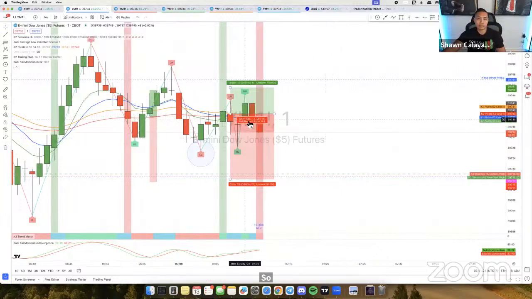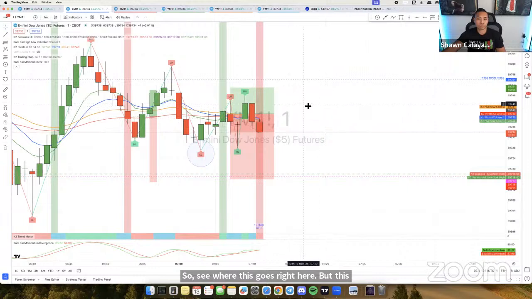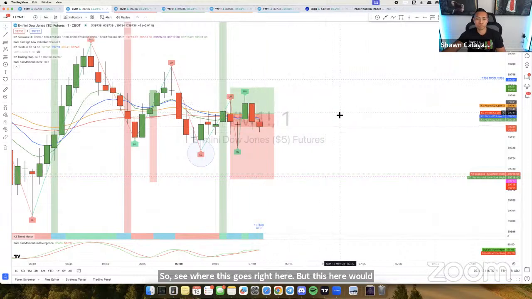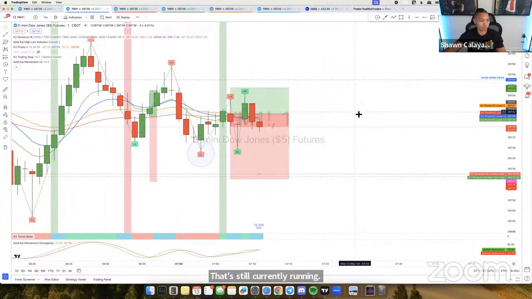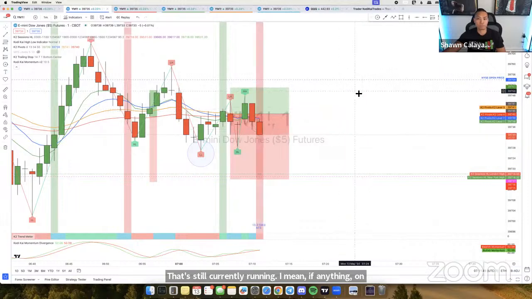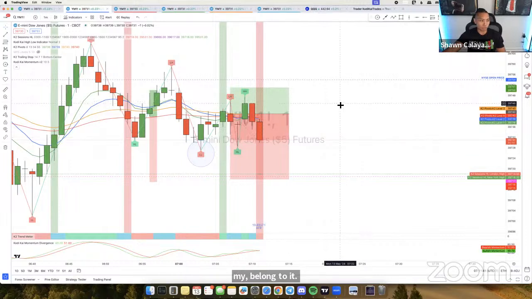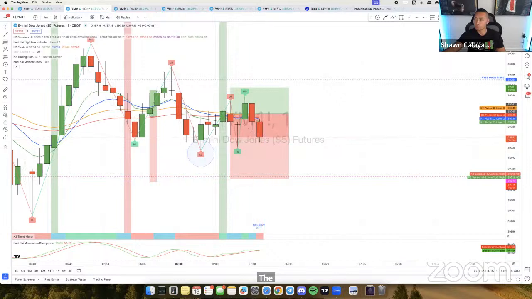But this here would be a high low momentum scalp that's still currently running. I mean, if anything, I might not even hold on to it. The ATR is way too low right now. See, CJ said he took it later.